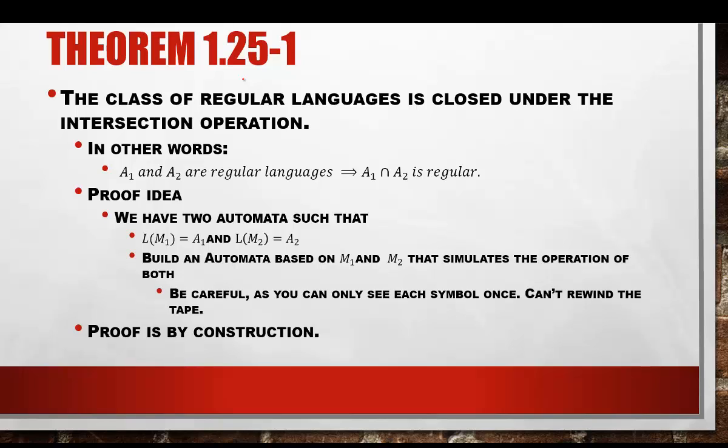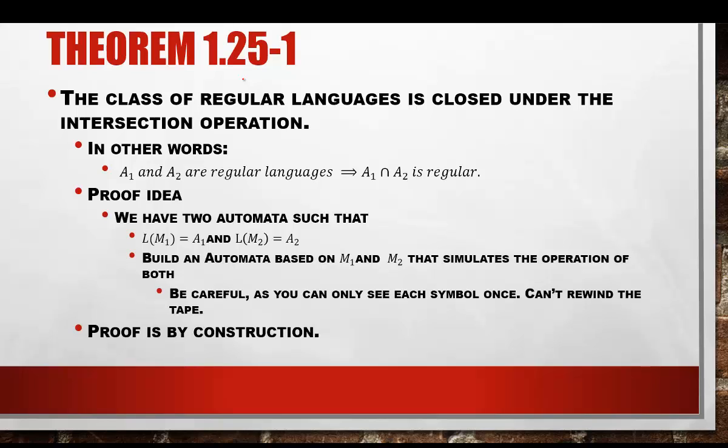So we start with the supposition that we have an automaton M sub 1 whose language is A sub 1 and an automaton M sub 2 whose language is A sub 2. In other words, automaton M sub 1 accepts all strings from language A sub 1, and automaton M sub 2 accepts all the strings from language A sub 2.